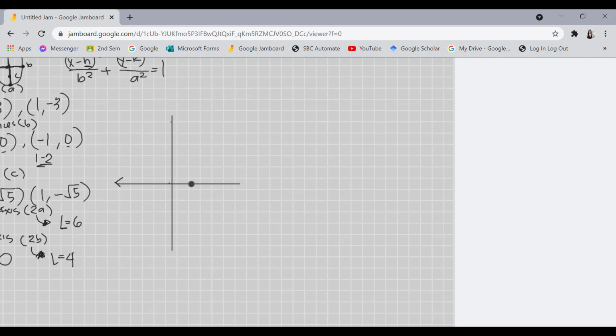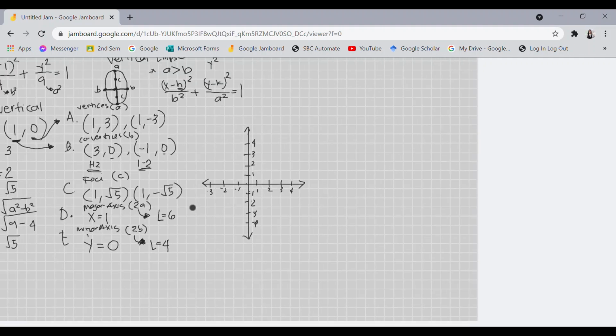So, let's have 1, 2, 3, 4, and then we have negative 1, negative 2, negative 3. And then we have here negative 1, negative 2, negative 3, negative 4. It's also good na you are also drawing as you are listening para nasasanay din kayo.